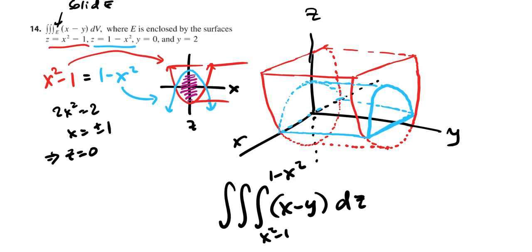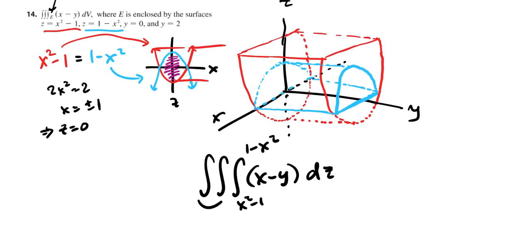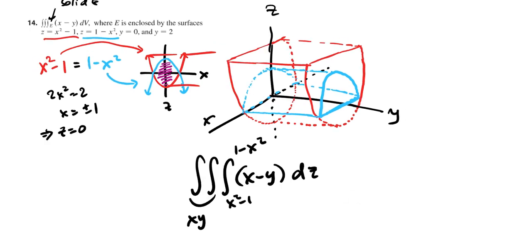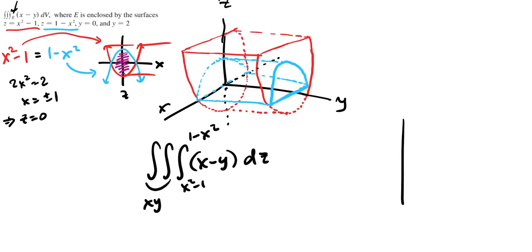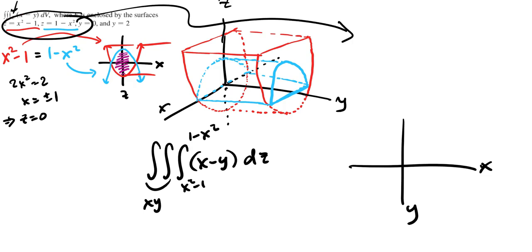Now I consider for the outside integrals what's going on in the xy plane. In the xy plane, that's where z is 0, x and y. So where z is 0, x is just plus or minus 1 in either one.